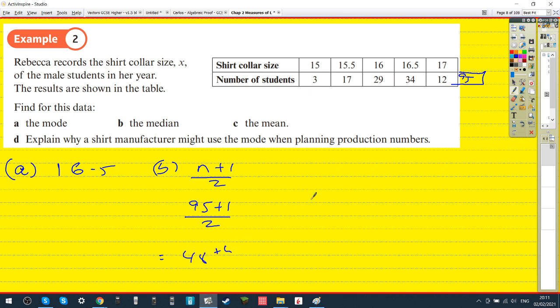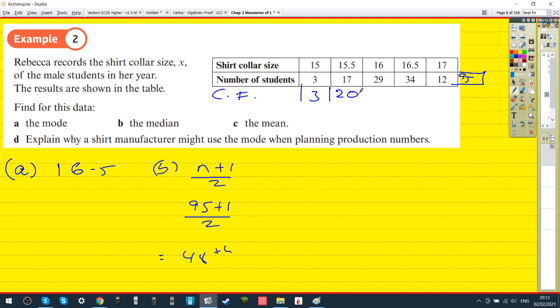And so in which group is the 48th student? What do you mean by 48th student? So if you did cumulative frequency, this will be like the first 3 students are there.